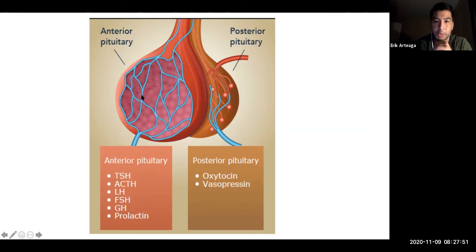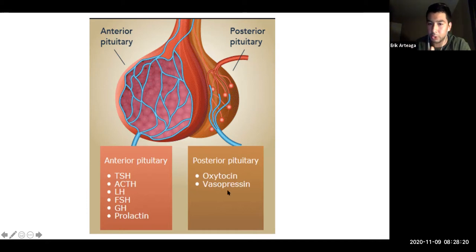So again, the anterior pituitary gland is going to be producing all of these different hormones. So you have follicle stimulating hormone, luteinizing hormone, growth hormone, prolactin, whereas the posterior pituitary gland, again, is going to be the oxytocin and vasopressin, okay, or the antidiuretic hormone. So remember that the posterior pituitary gland is directly going to be linked with the hypothalamus, and then it's going to be receiving those hormones from there.